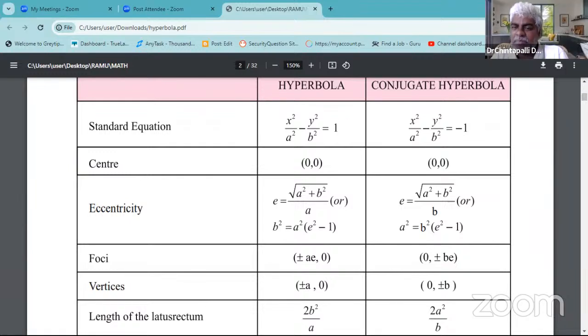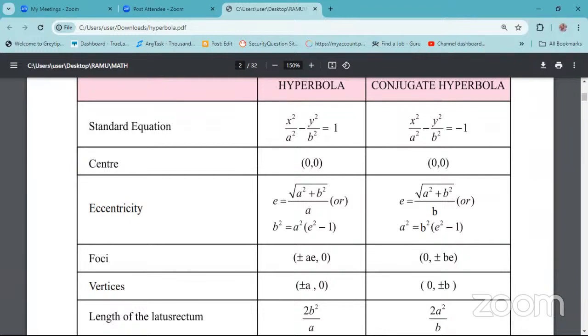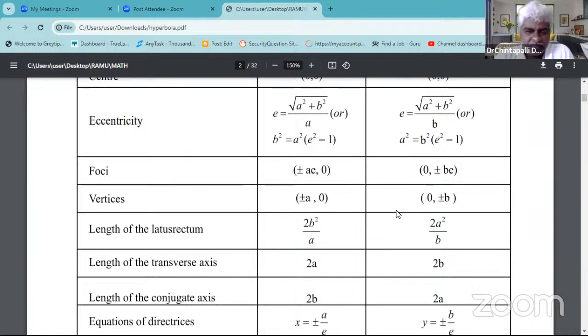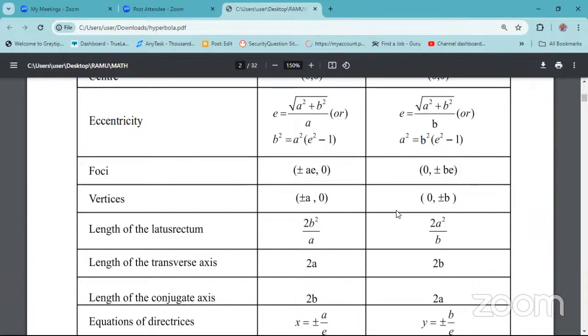Here A square is equal to B square times e square minus 1. Foci? The foci is plus or minus A, 0 for hyperbola, and for conjugate hyperbola, it's 0, plus or minus B. Vertices? It's plus or minus A, 0 and 0, plus or minus B.